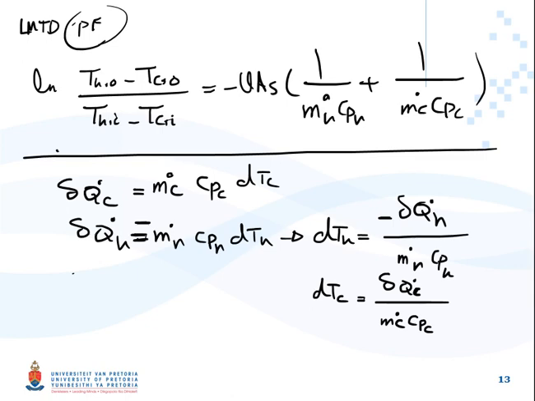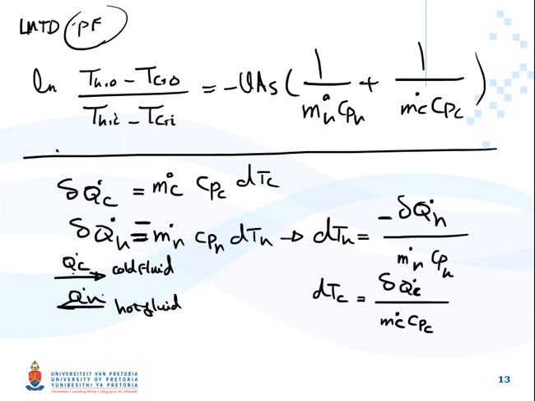We know that the values are the same, but the direction of the heat transfer is not the same. When the cold fluid receives the energy, the hot fluid gives the energy out. So that's the reason we put the minus here; otherwise the values are the same.